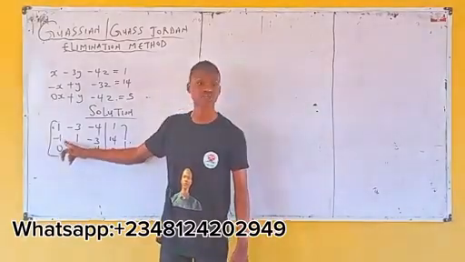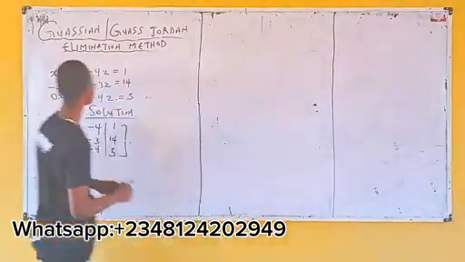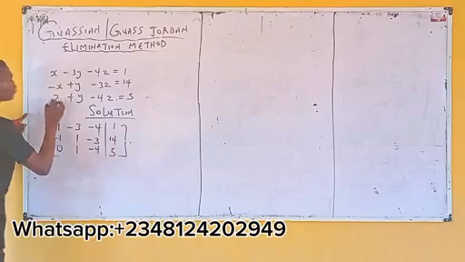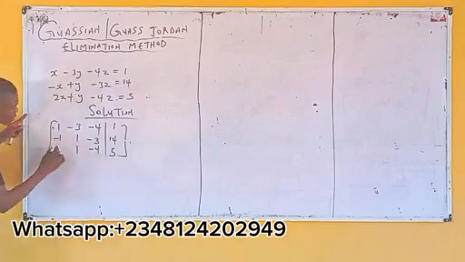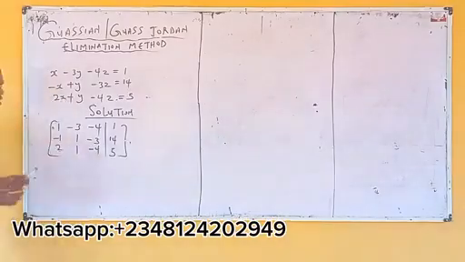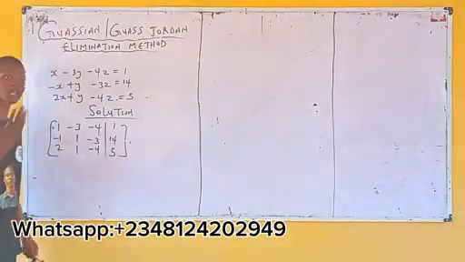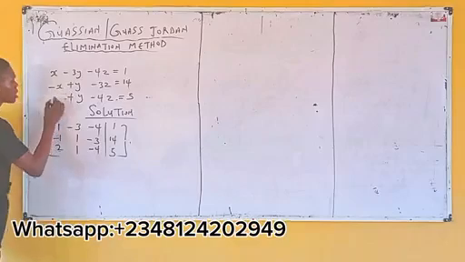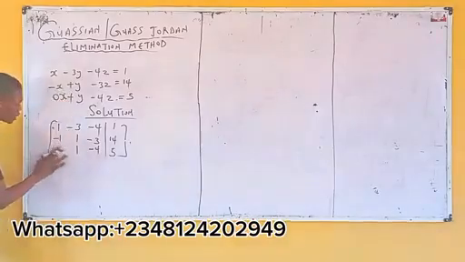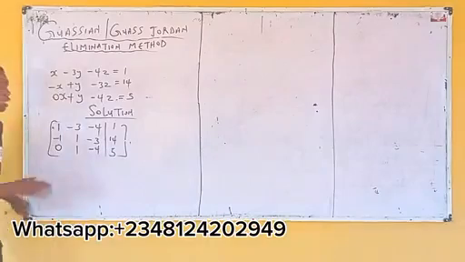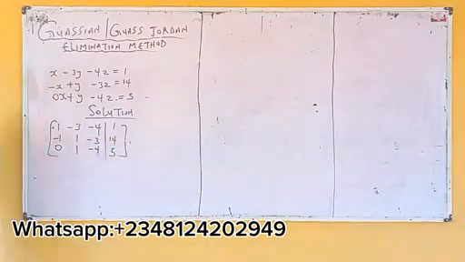Meaning I need to change this -1 to 0. And in the question, I have 2x here, meaning this place will be 2. What it means is that -1 will change to 0, and 2 will change to 0. But luckily for us, we already have 0x here, meaning there's no stress about row 3. My interest now is only row 2. Are you getting my point?